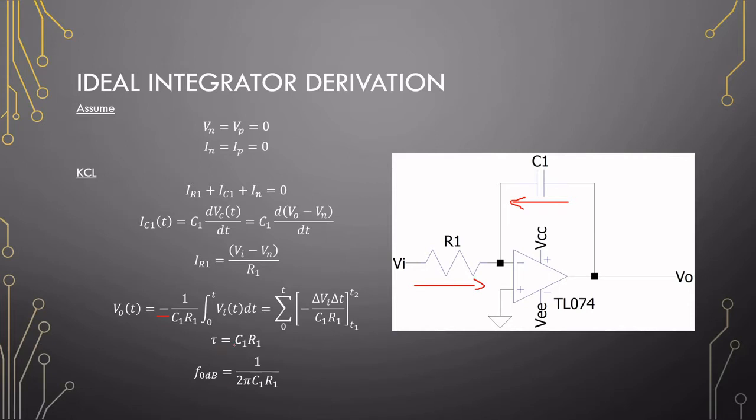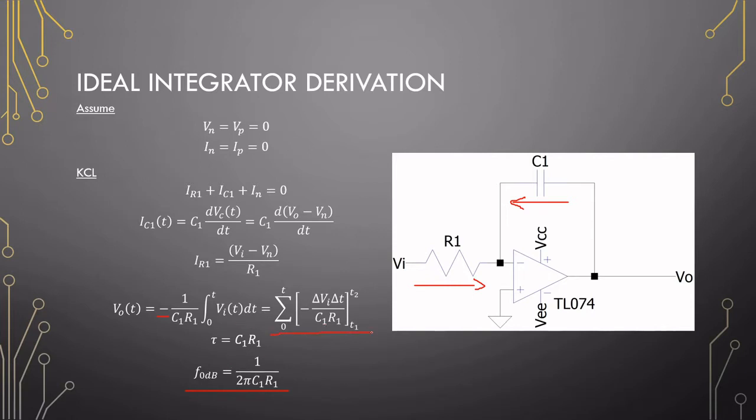This is typically a very, very small number, but the smaller we go, the higher the gain will be. So you need to strike a balance between the two. Just like the differentiator, our 0 dB frequency will be at this time constant point where we cross 0 decibels.